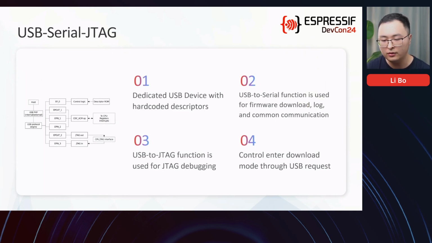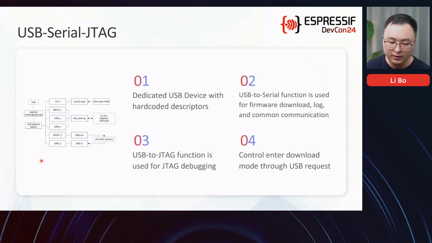USB-Serial-JTAG is designed to replace the external JTAG adapter or USB-to-UART bridge, to provide a more direct way to debug and download through a simple USB cable. It's a dedicated USB device with hard-coded descriptors, which means you cannot change the descriptors and functions.